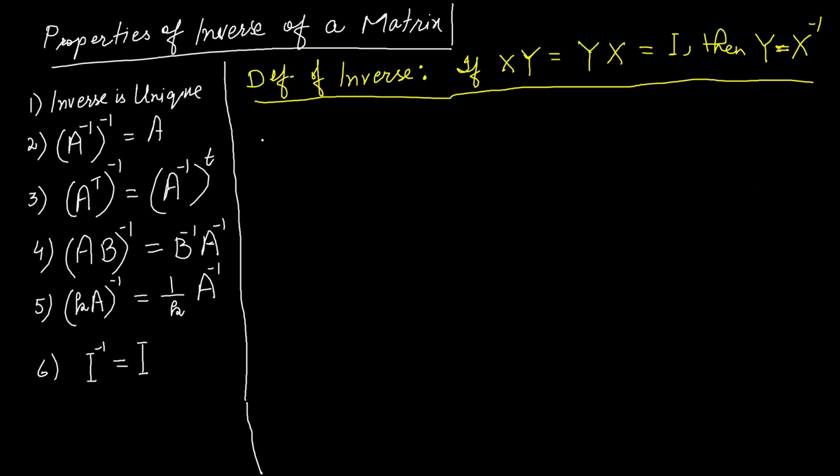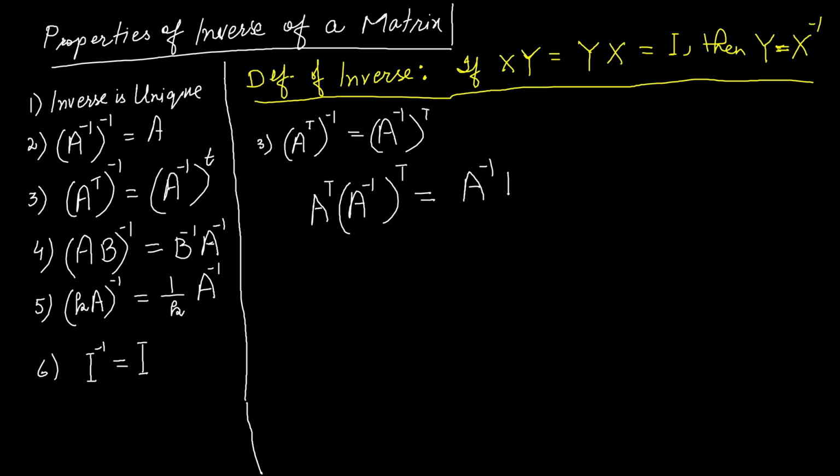Third property is inverse of A transpose is equal to the transpose of A inverse. Multiply A transpose with transpose of A inverse. We can write it as A inverse into A whole transpose because AB whole transpose is equal to B transpose into A transpose. A inverse into A is equal to the identity matrix.